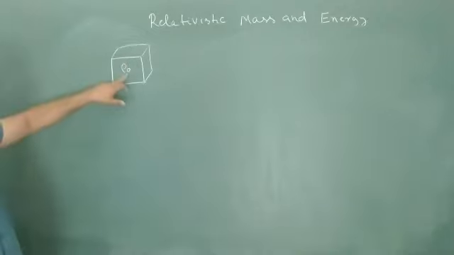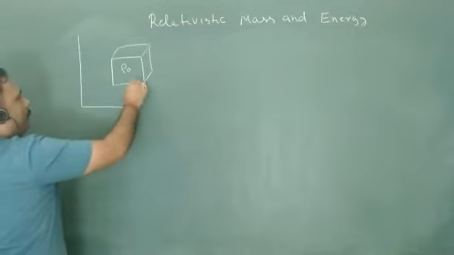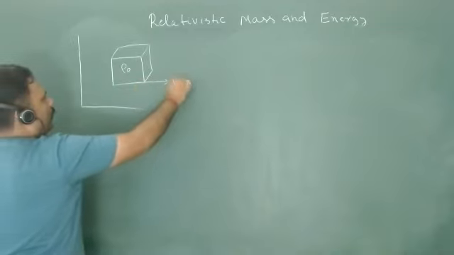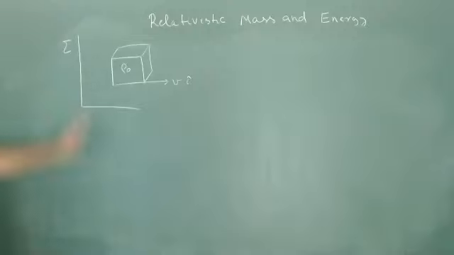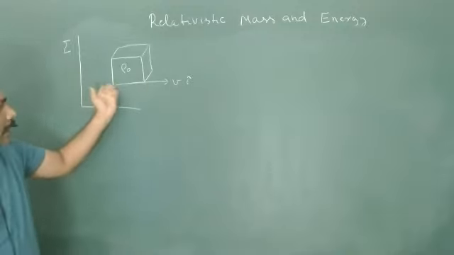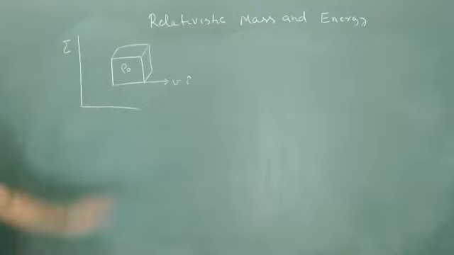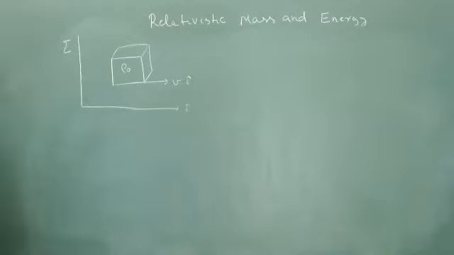This cube is moving with velocity v along x-axis with respect to sigma, and one of the edges is parallel to x-axis. Now, what will be the density measured by the observer attached to sigma?